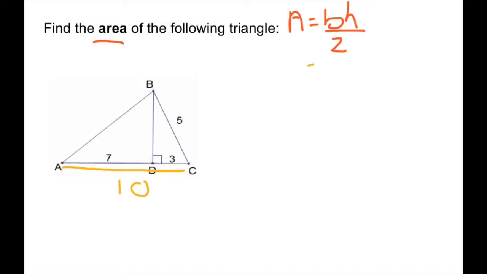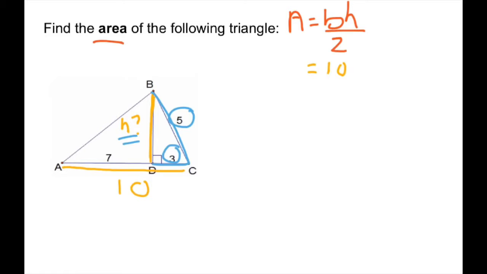So our base I can already put in as 10. But my height, which would be from here to here, is unknown. If you notice, the height and the other side lengths of the triangle make a right-angled triangle where we know 2 side lengths, but we need to find out the third side length.